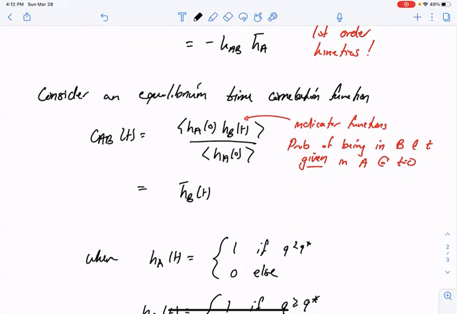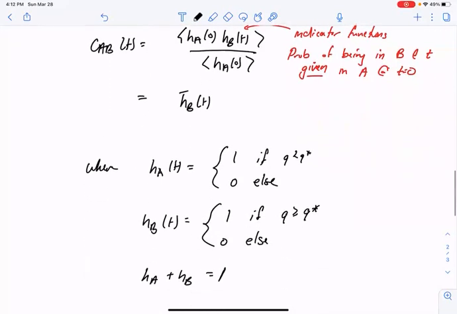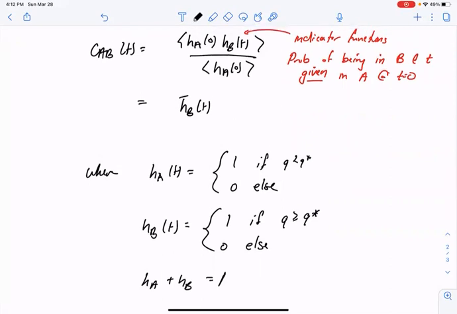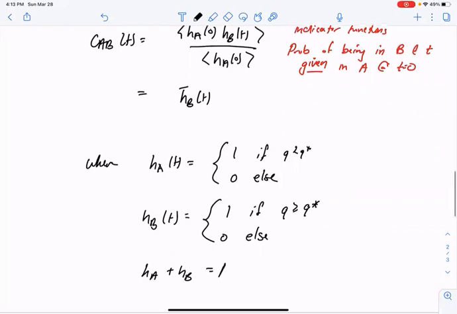So let's try to understand the limits of this correlation function. It makes sense that it should be related to a rate because we're asking about how the probability in B builds up in time given the system starts in A.